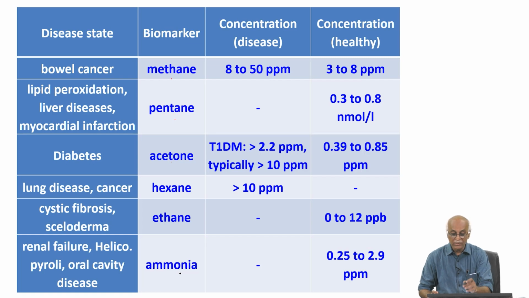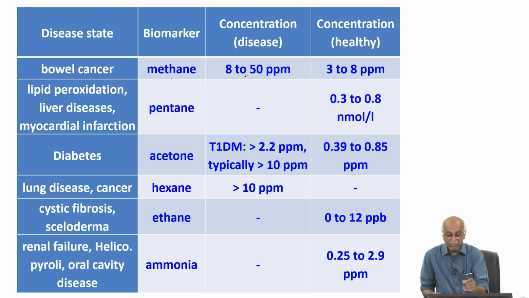So, pathological conditions. Let us say if it is a healthy person, normal, of course, this is just an approximate value because it depends upon various other factors also: age, conditions, demography, etc. But generally in healthy persons, 3 to 8 ppm is methane. But due to pathological conditions, the concentration may change.